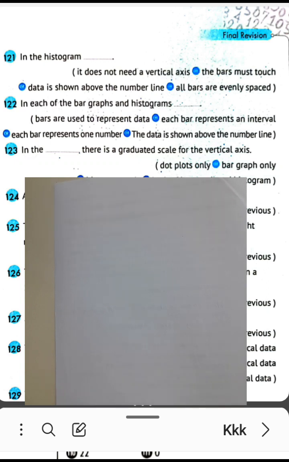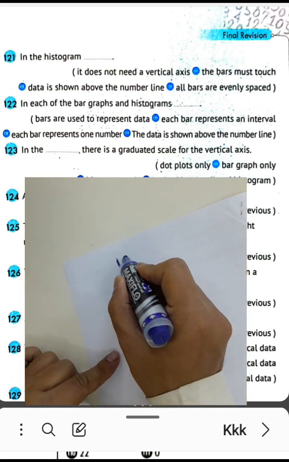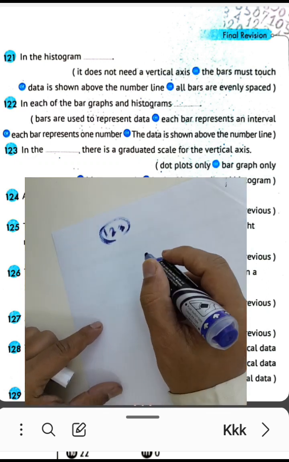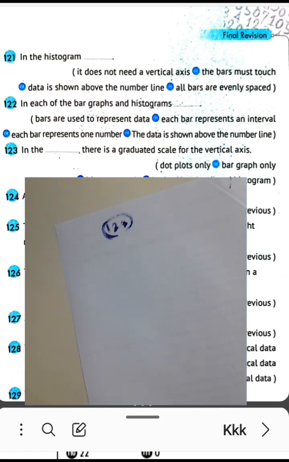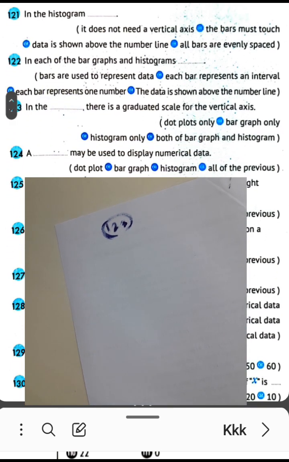Question 123, which has a graduated scale for the vertical axis? We will choose what? Both bar graph and histogram.